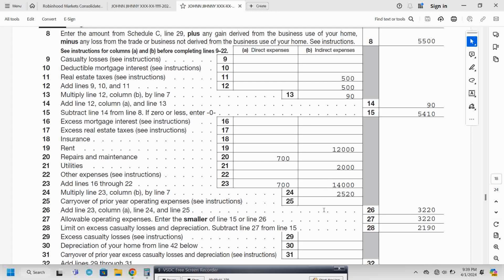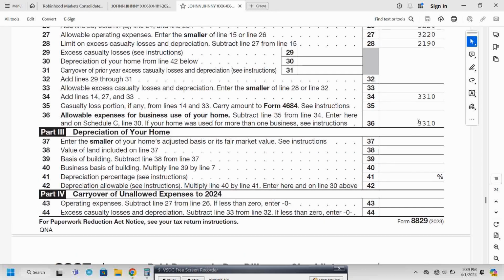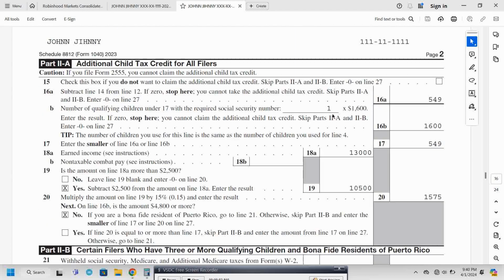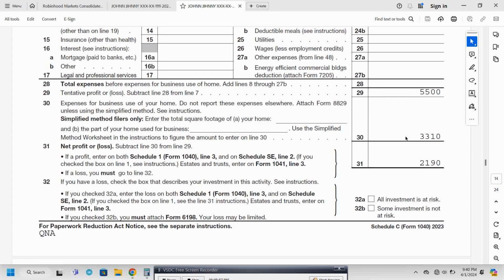Once calculated, that brings the whole thing to $3,310. So we copy this amount and put it on Schedule C, line 30, as other expenses, and his net profit will be $2,190.